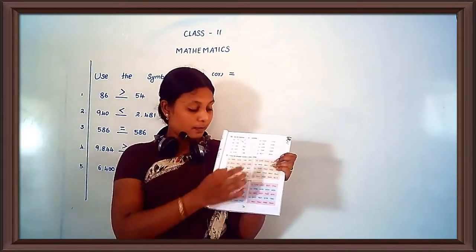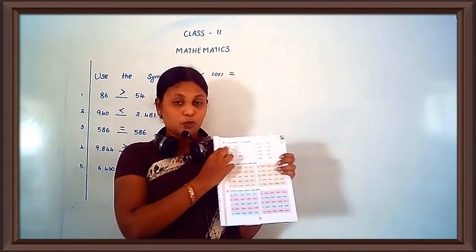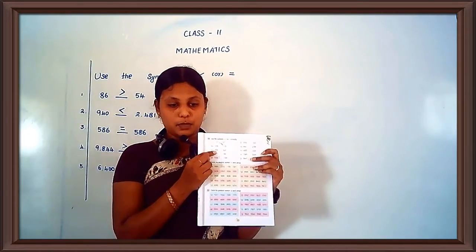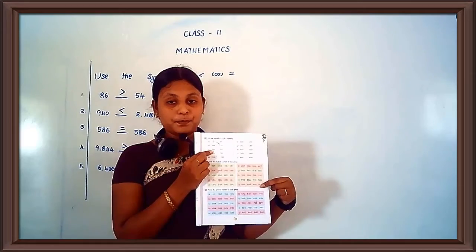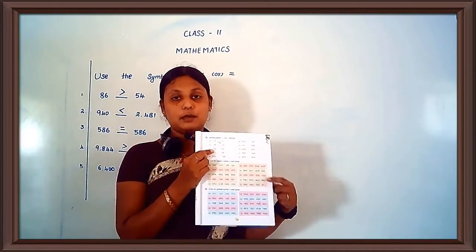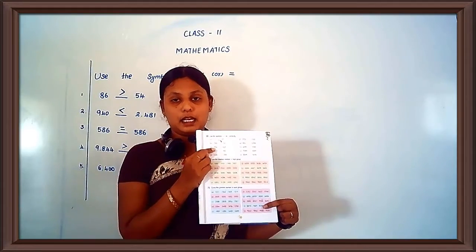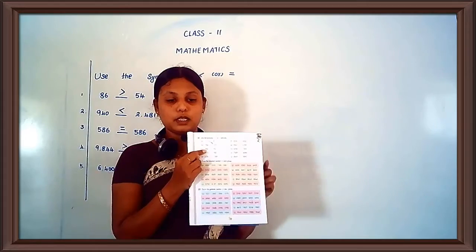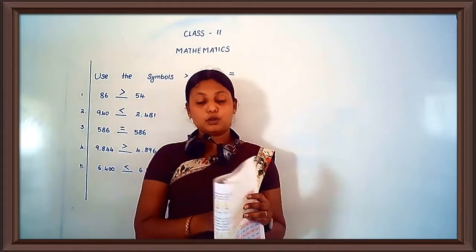In this box, the first one is to use the greater than, less than or equal to symbol. The second one is circle the smallest number. The third one is circle the greatest number. This full page is today's homework, you do it yourself.